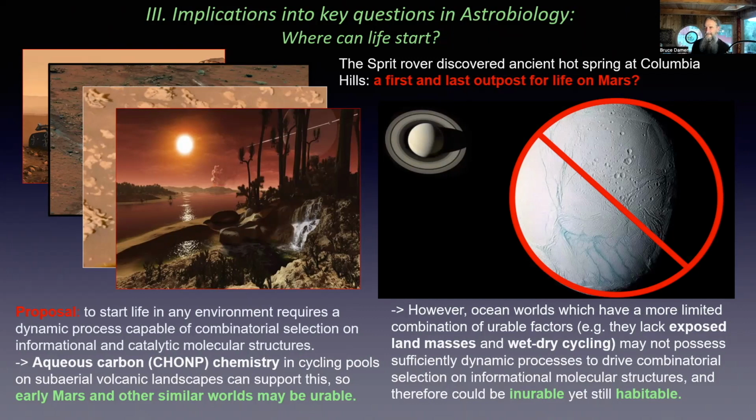They may be all aqueous, so they have the water paradox. They may just simply not have enough Urable factors to start life. They may have been inoculated with microbial life at some point in their histories, but they may be inhabitable yet not Urable, or they may be sterile. And hopefully missions in the next decades will give us some more clues.